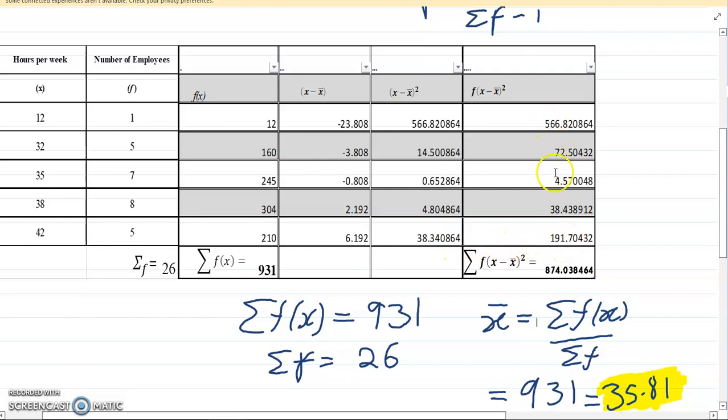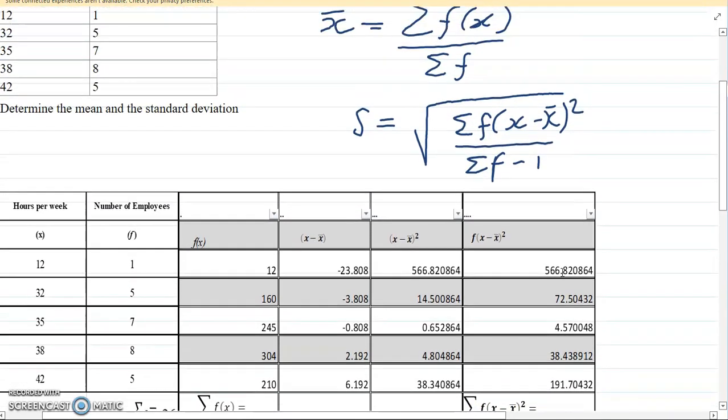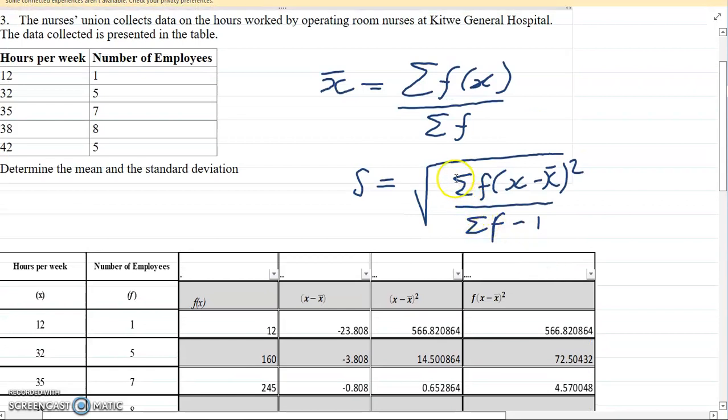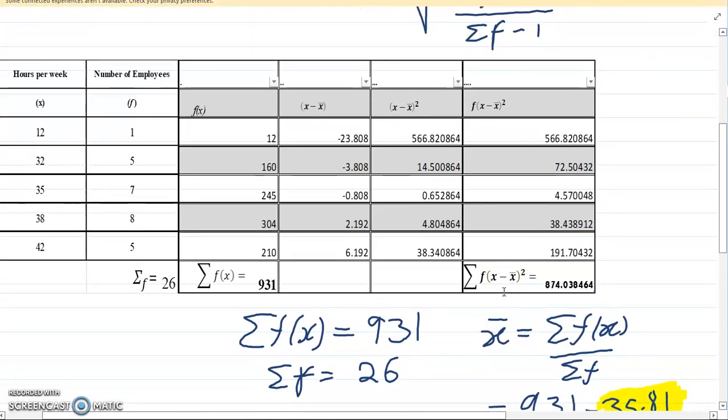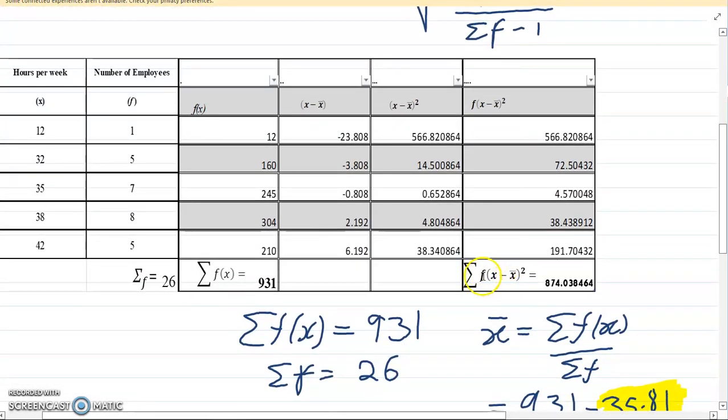And when we sum this, what we are getting is sigma of this, which is this value here. So in the table, we've already found the top part for finding the standard deviation, which is sigma f times x minus x bar squared, which is this part. So now let's just replace that in our formula.